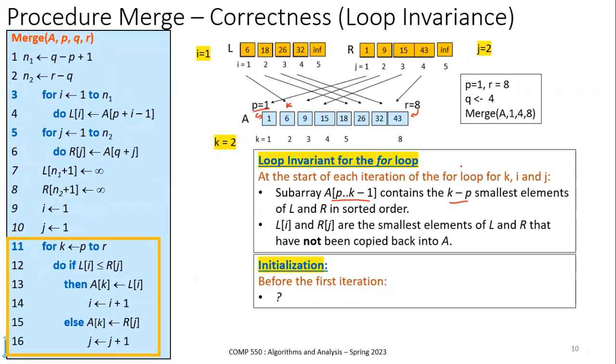The second part is that Li and Rj are the smallest elements of L and R that have not been copied into A. A slight difference from what Jane said: here we're saying not only have they not been copied, but they are the smallest elements of L and R. So in other words, J could be over here, and we somehow skipped this element.